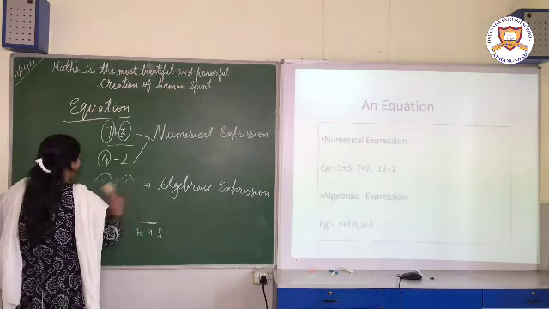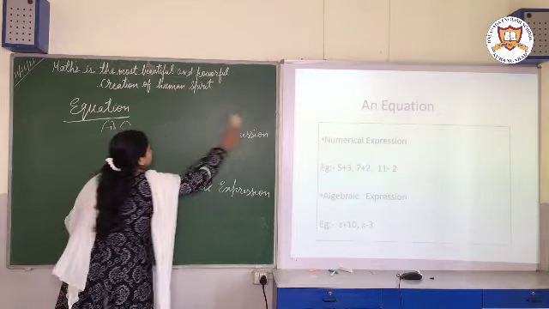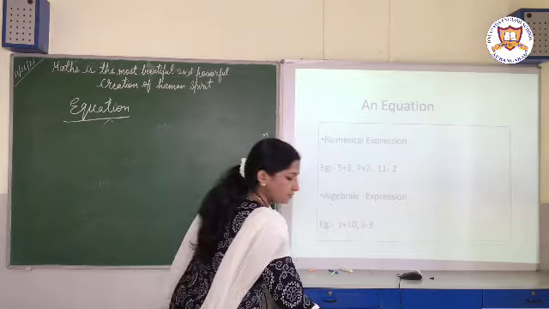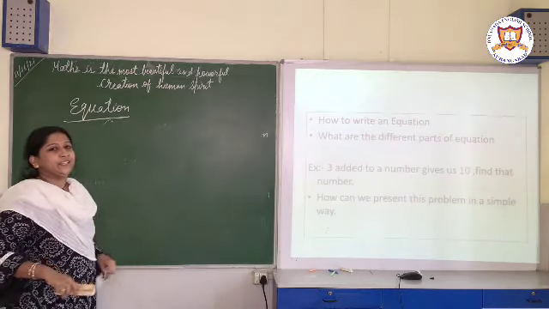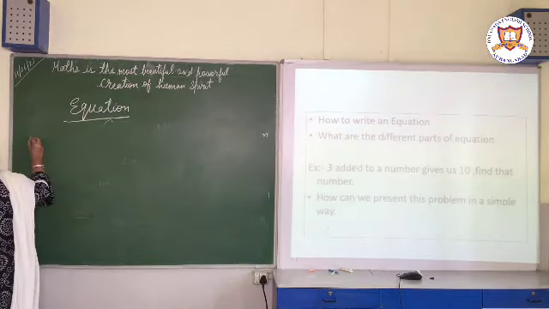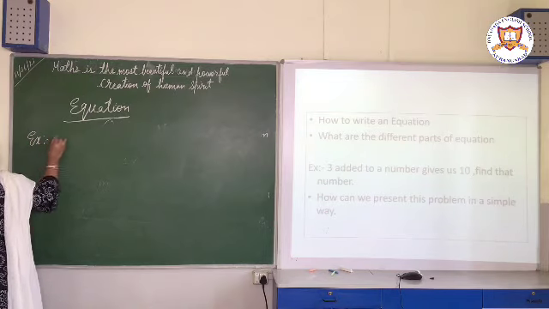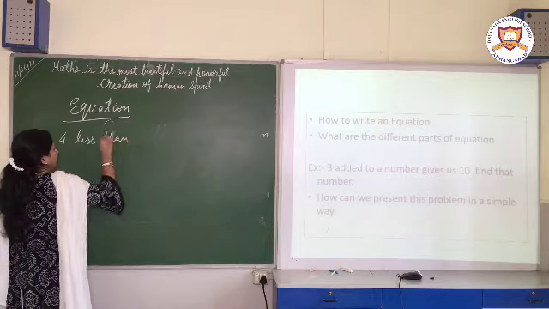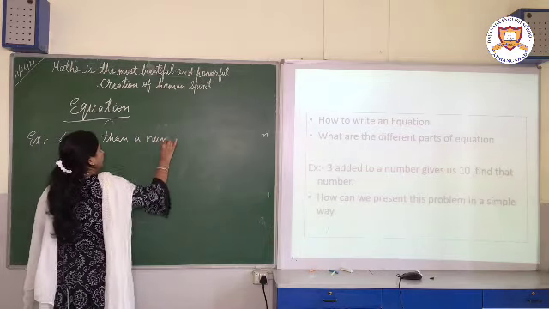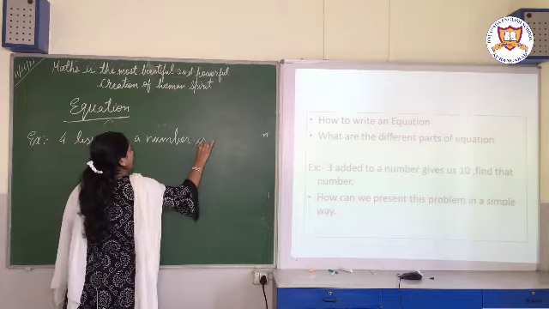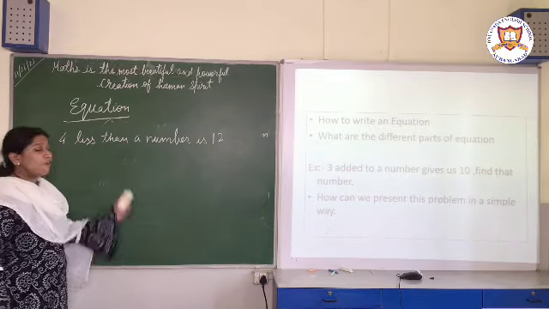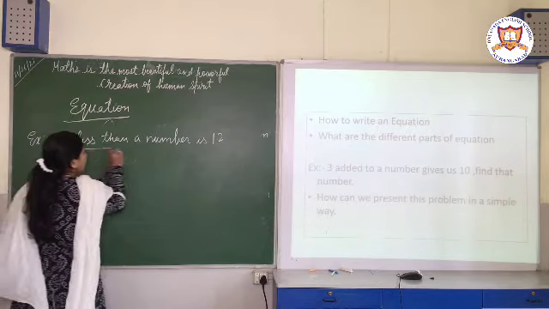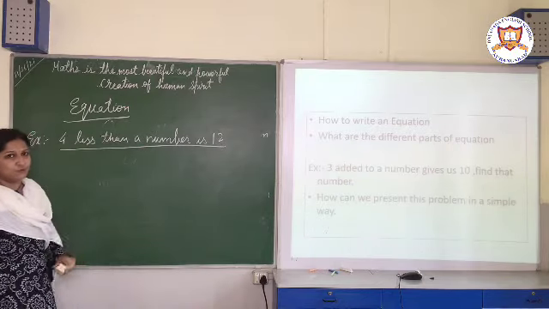Okay, now how to write an equation? Now suppose an example is there: 4 less than a number is 12. 4 less than a number is 12. Now how can we present this information in equation form?